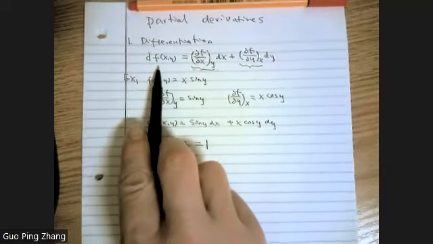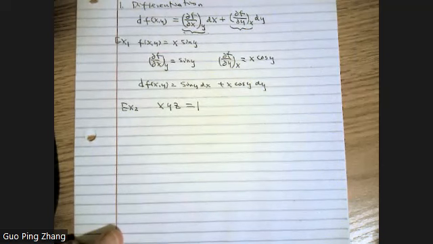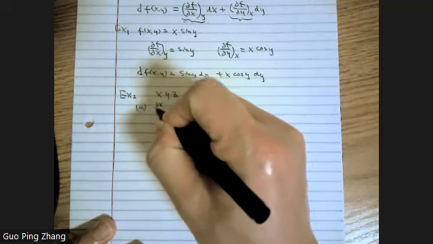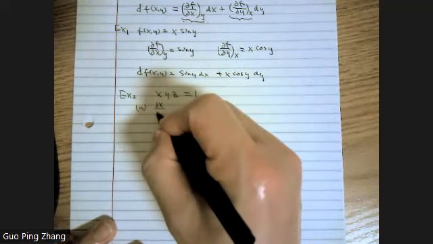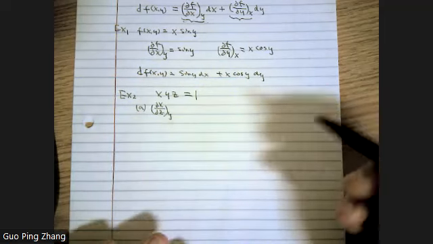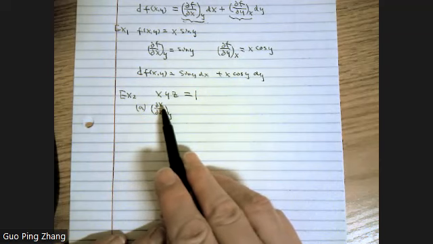Here you see f, but in this equation we do not have f. So the problem has to be asked: we want to calculate partial x over partial z, holding y constant. If we have this expression, this means x is a function.